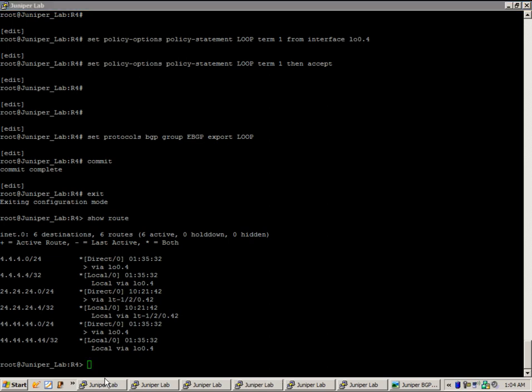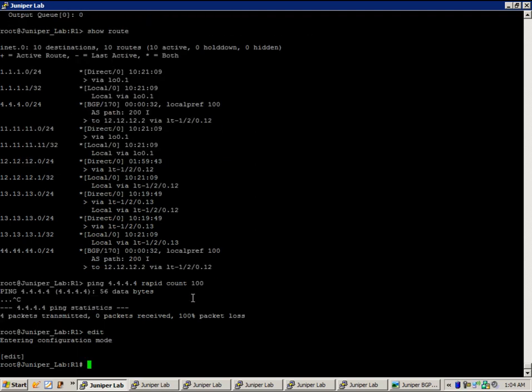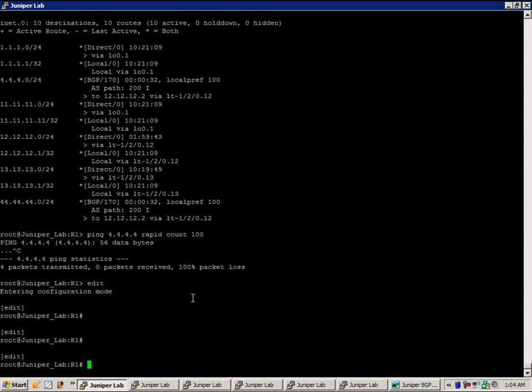So the first thing we want to do on router 1, let's create a simple policy on R1. We'll do set policy options, policy statement, direct. We'll do term 1, from protocol direct.